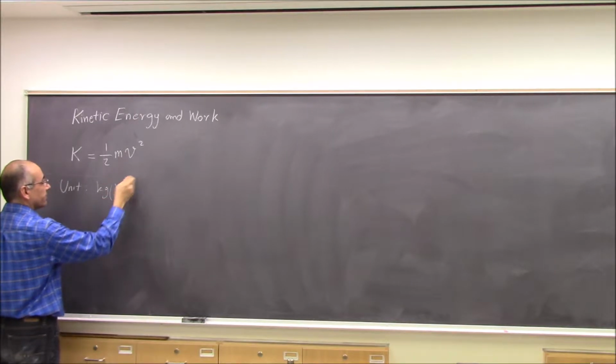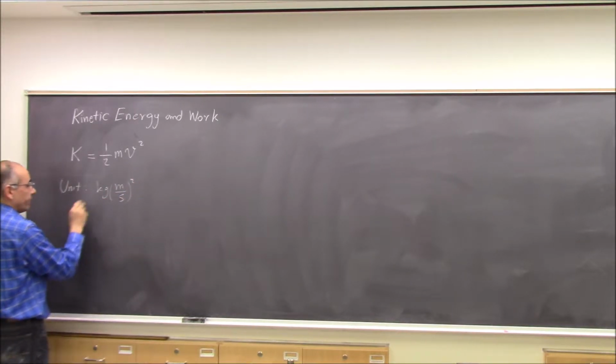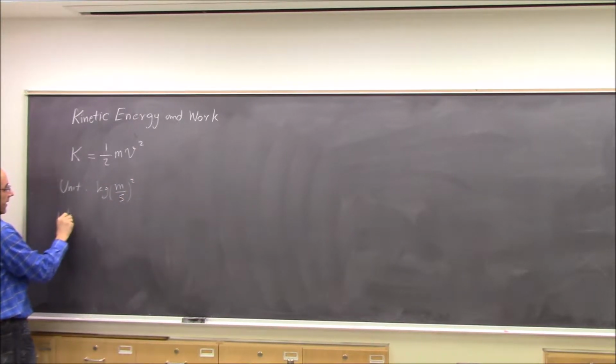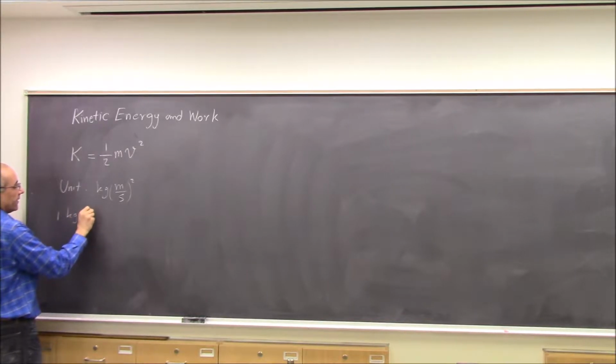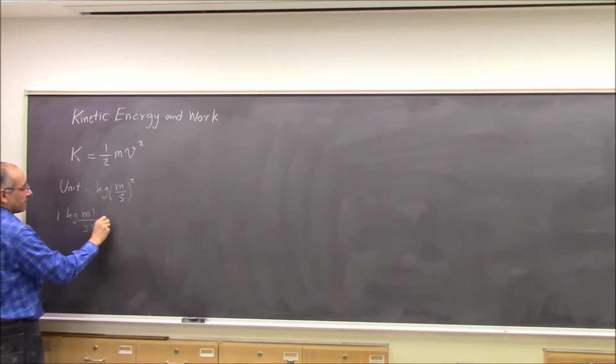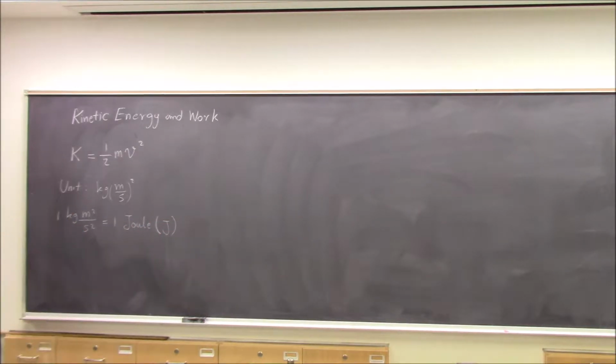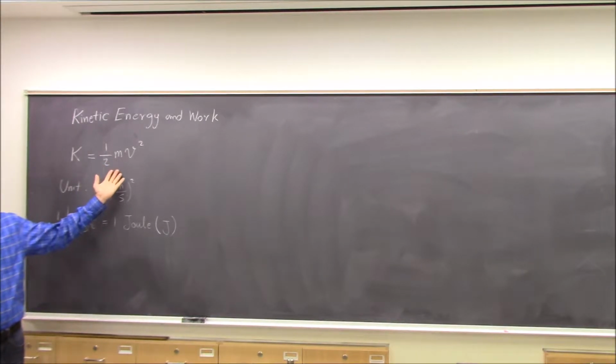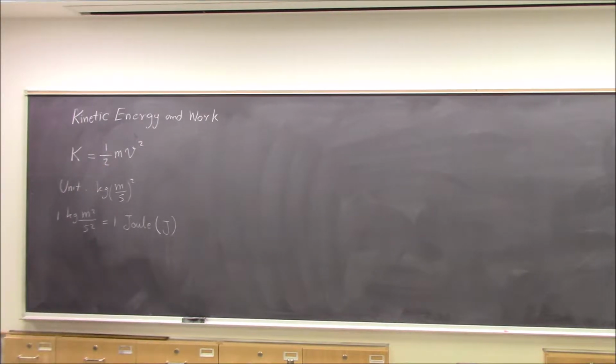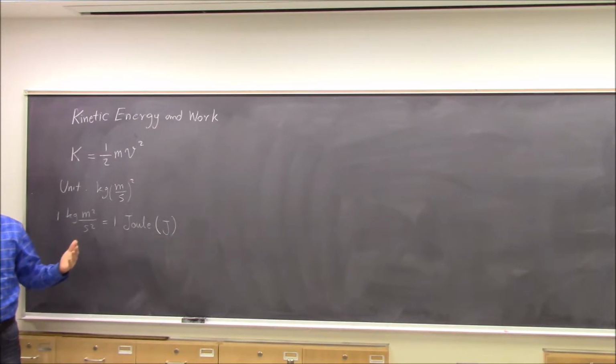So kilogram meters squared per second squared. We have a name for this: 1 kilogram meter squared per second squared is called 1 joule, denoted by capital J. Do you know why kinetic energy is defined like this? That is something that probably you don't know, but I'll show you later on why it is defined like that.